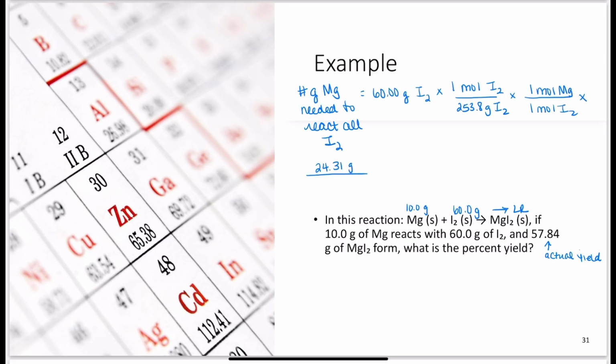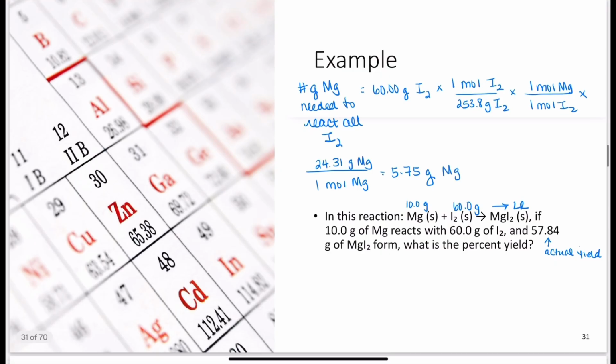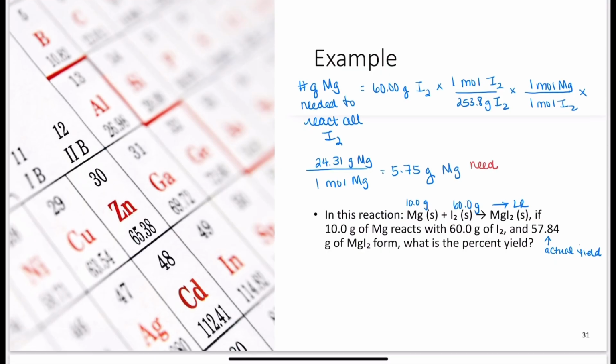Let's take this example. In this reaction, magnesium solid is reacted with iodine solid to form magnesium iodide solid. If 10 grams of magnesium metal reacts with 60 grams of I2 solid and 57.84 grams of MgI2 form, what is the percent yield?